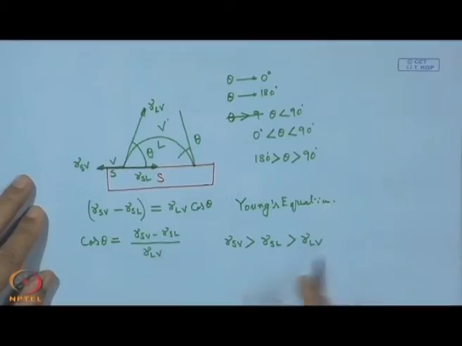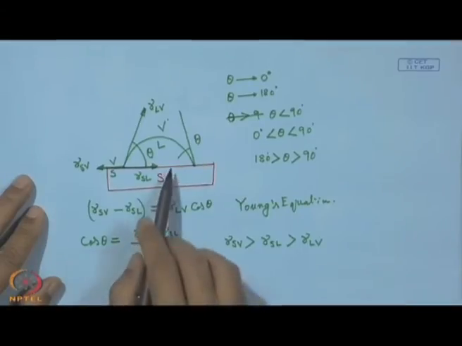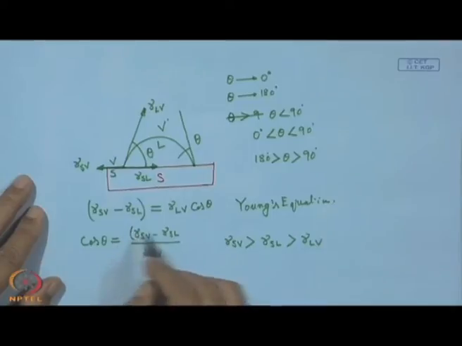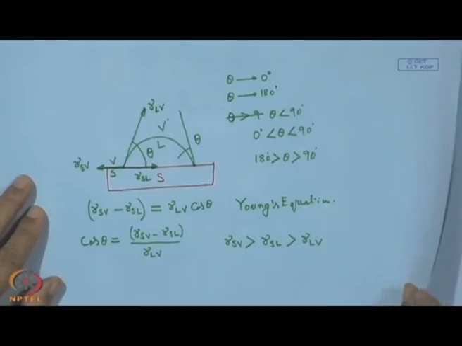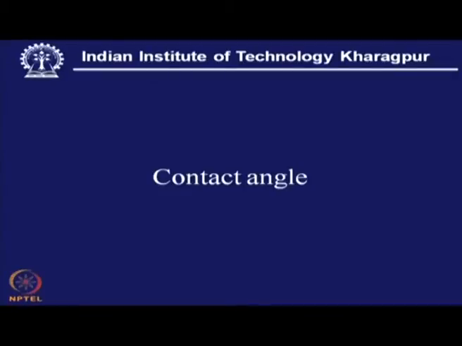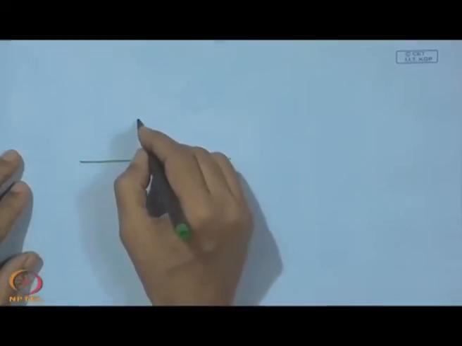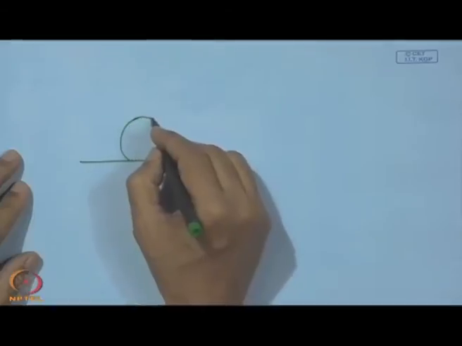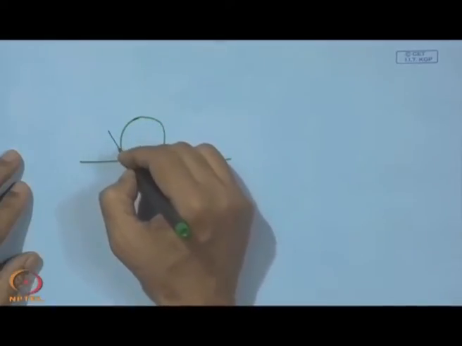So, that is the condition which must be met in order that this liquid has good or favorable wetting characteristics. Now, here one thing we also understand, that this gamma LV, that is the surface tension of the liquid, is actually the resisting force which opposes this spreading or wetting, and the numerator is the driving force. Now, when it is non-wetting, we have a little different situation.